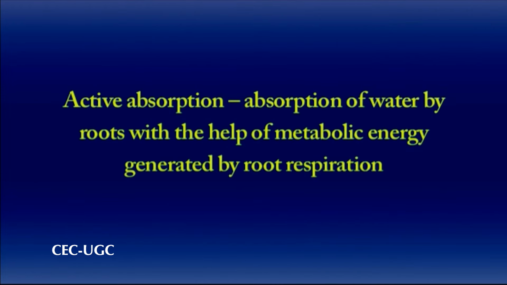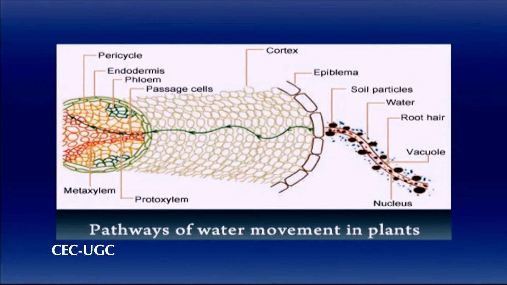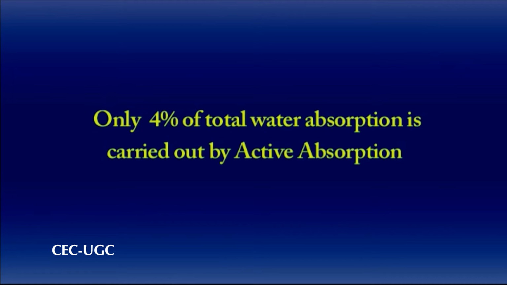It is the absorption of water by root with the help of metabolic energy generated by the root respiration. As the root cells actually take part in the process, it is called active absorption. Only 4% of total water absorption is carried out by this process.